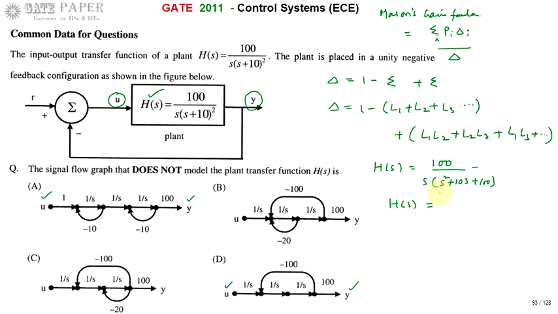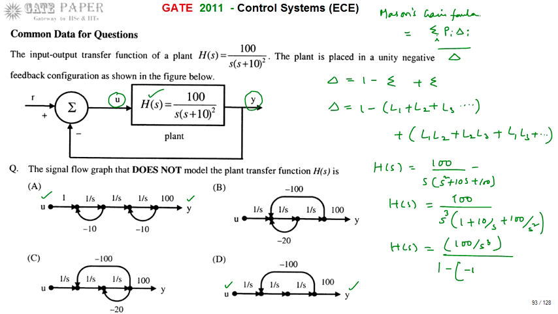If you take s square common, it becomes s cube into (1 plus 10 by s plus 100 by s square). We need to write 1 plus something, since the denominator delta consists of a single 1. So H(s) is 100 by s cube, divided by 1 minus (minus 10 by s minus 100 by s square).